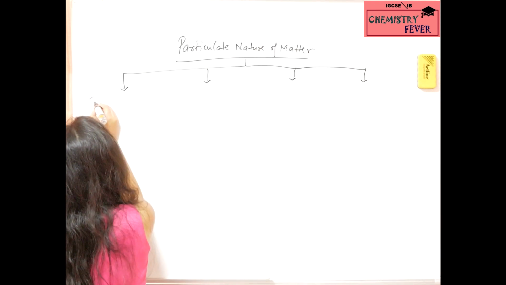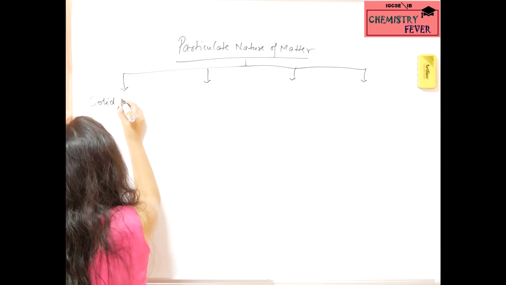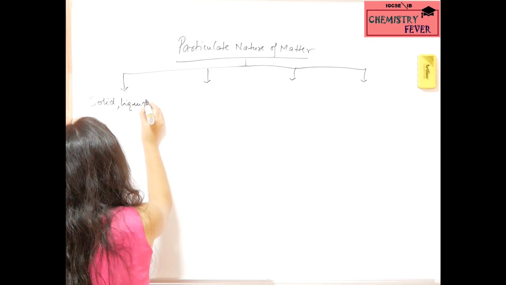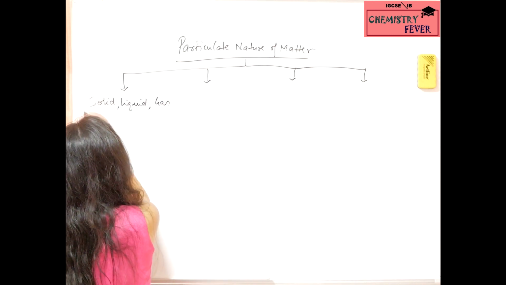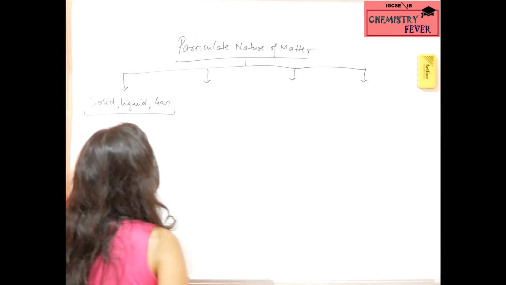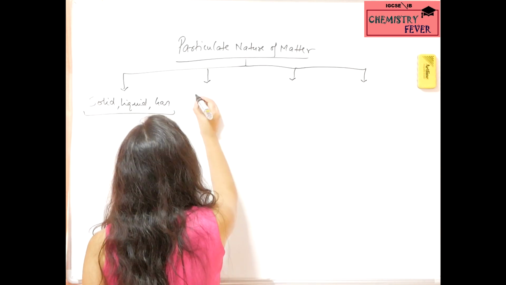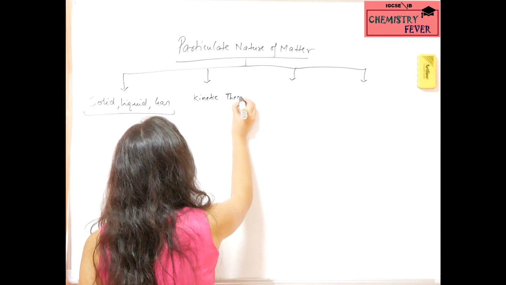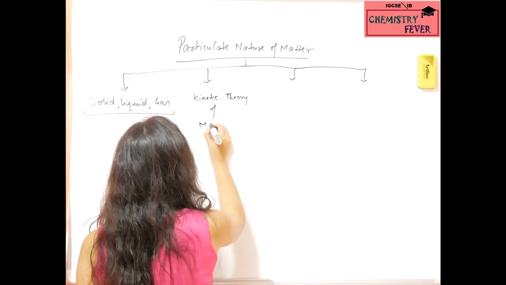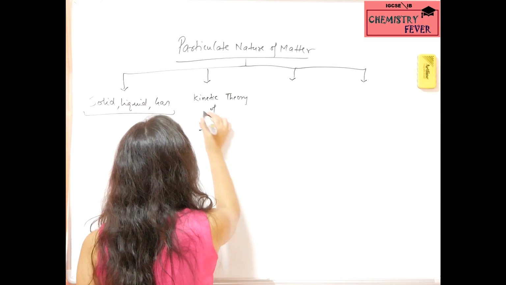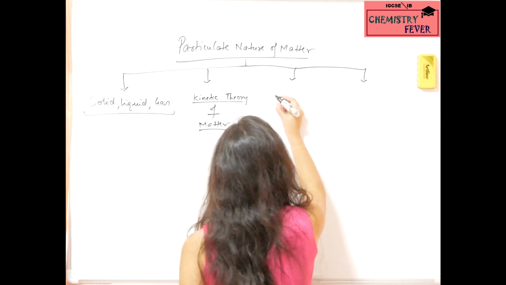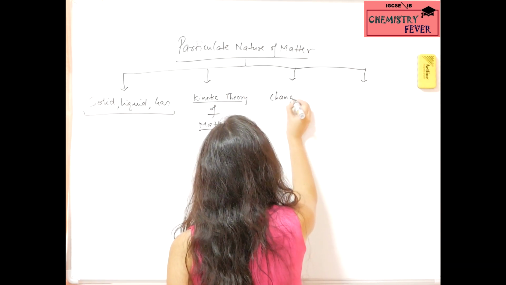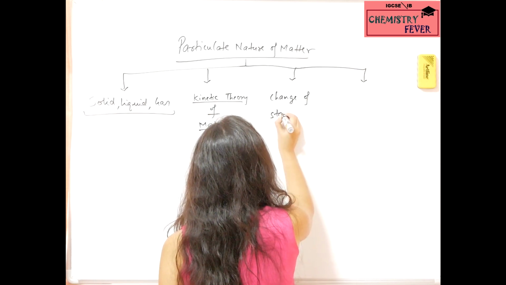So our first part is solid, liquid, gas. This is part 1 of particulate nature of matter. Part 2 is kinetic theory of matter. Part 3 is change of state of matter.